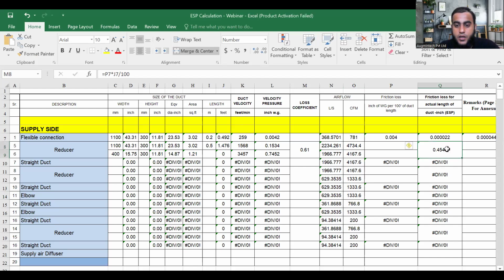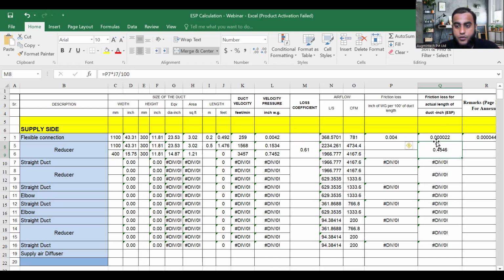Tell me. First, let's see. It is coming. See, the formula is same, na? I think the formula is correct or not. 1 minute, for reducer. See, the formula is whatever to calculate the friction loss value. Formula I have told you. C into velocity pressure value, na?